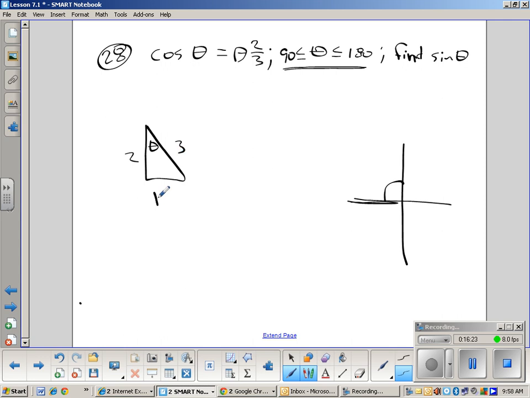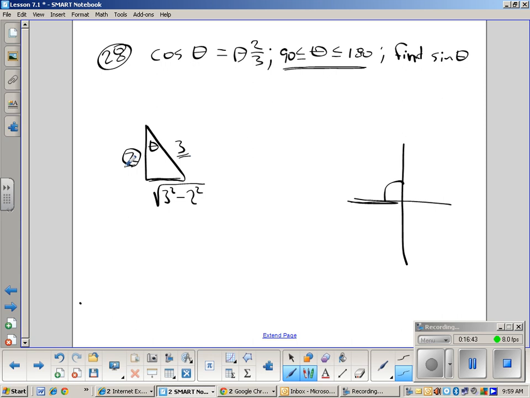This side is going to be the square root of 3 squared minus 2 squared. Pythagorean theorem, right? This squared plus this squared equals this squared. And so this one is going to be the square root of this squared minus this squared.